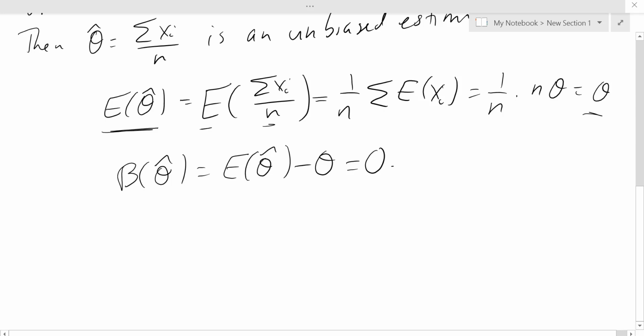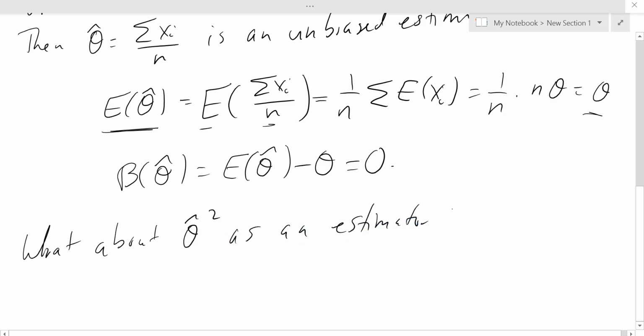So one thing that you might try as an estimator for the variance would be theta hat squared, right? That'd be one thing you might want to try. So let me ask, what about theta hat squared as an estimator for theta squared?